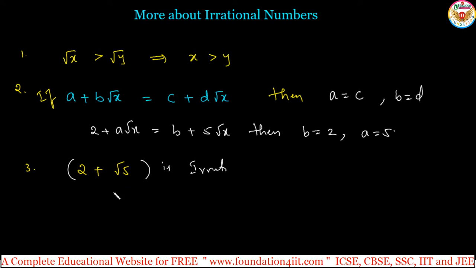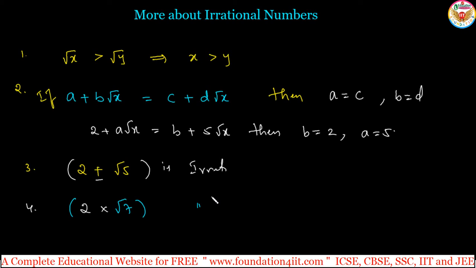And product of non-zero rational and irrational number is always irrational. These are the two rules. It's plus or minus. Fourth one, for example, 2 is the rational number and root 7 is irrational, right? But 2 into root 7 is also irrational.